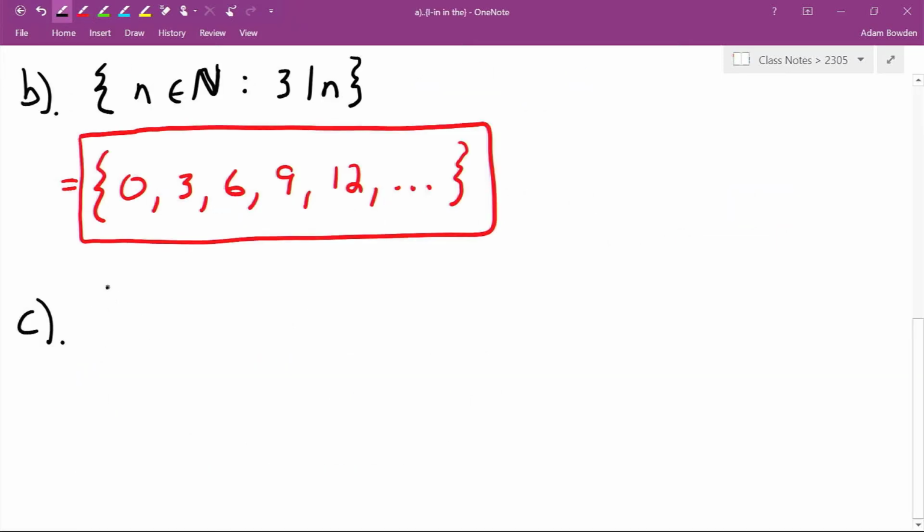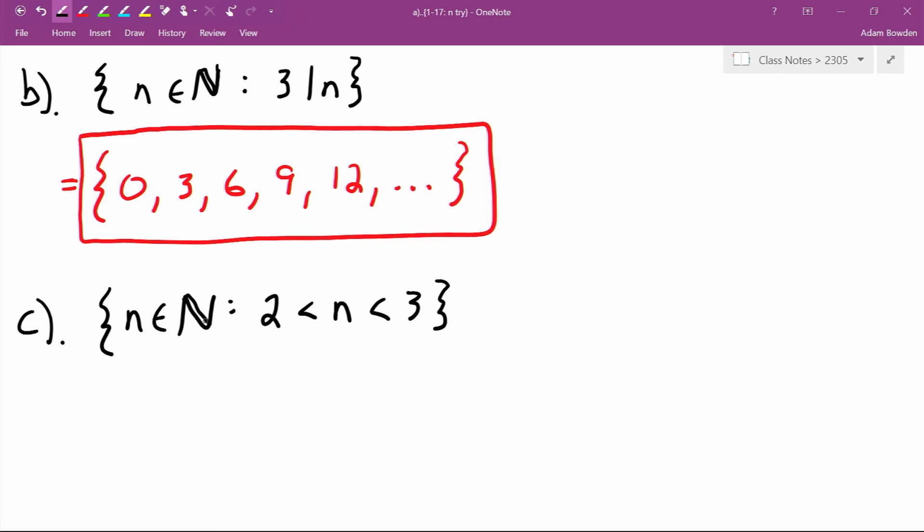The next one is defined by the set containing all n within the natural number set such that 2 less than n less than 3. So can we think of an element in the natural number set which satisfies these conditions? Well, in fact, no element exists in the natural numbers that satisfies these conditions.